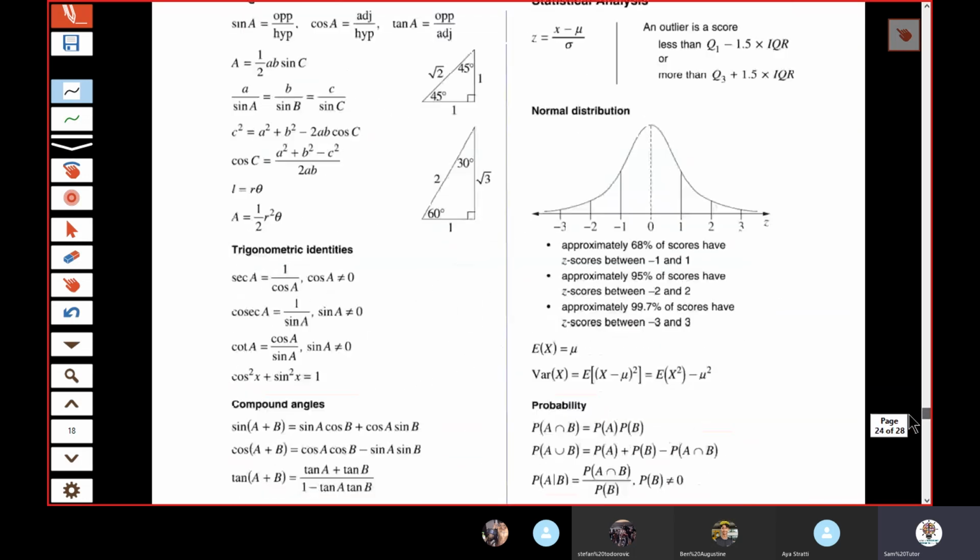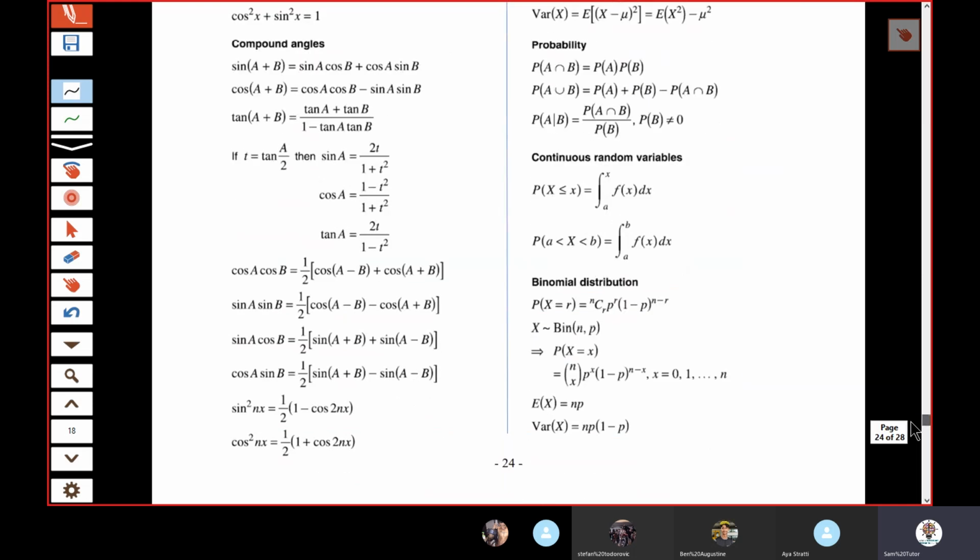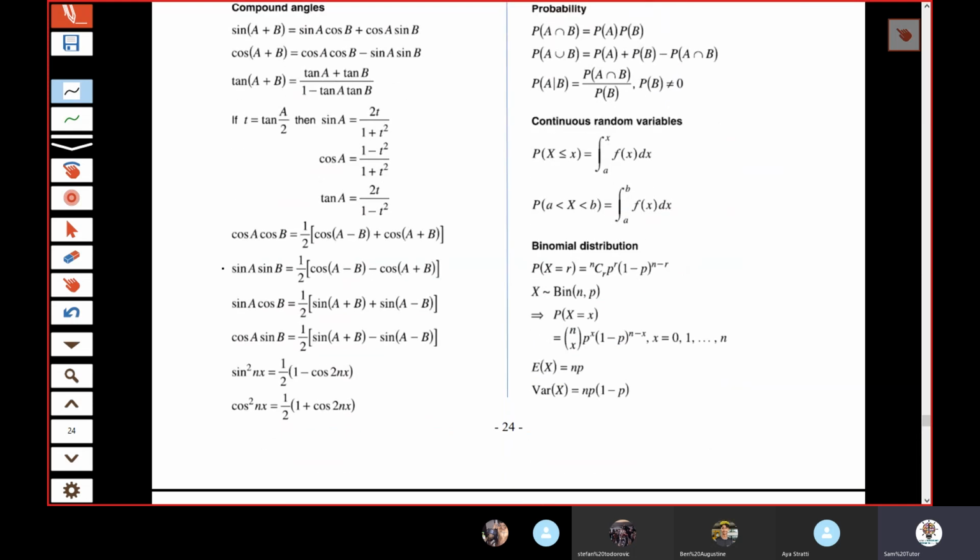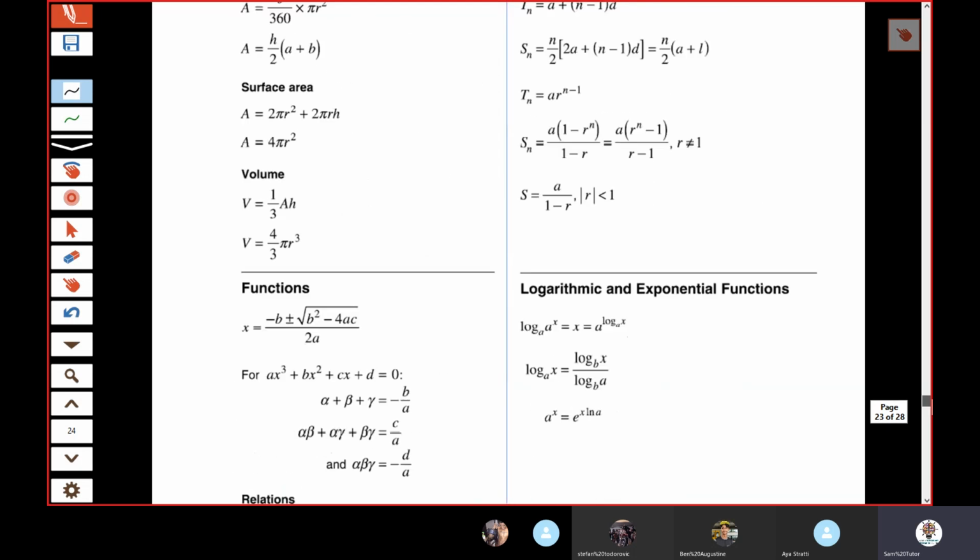Yes, it is. Cos 45, cos 15. Which one? Obviously, it's going to be this one here. Cos 45, cos 15, which is a half, cos A minus B plus cos A plus B.